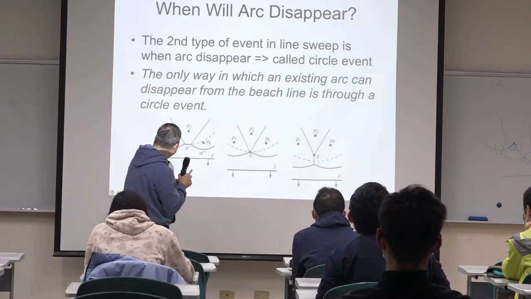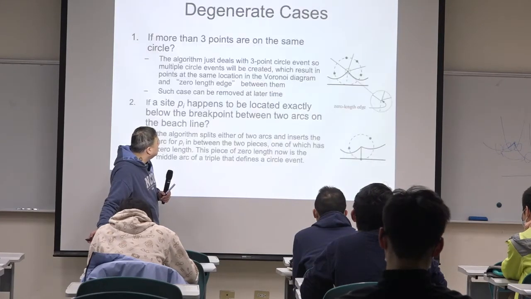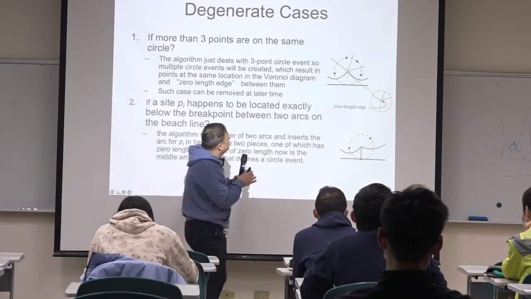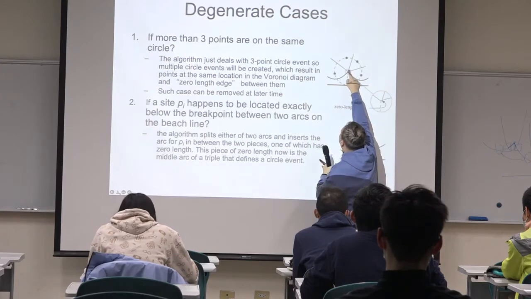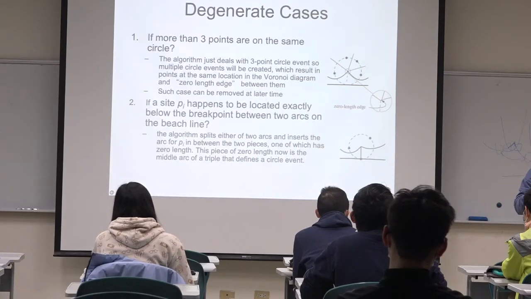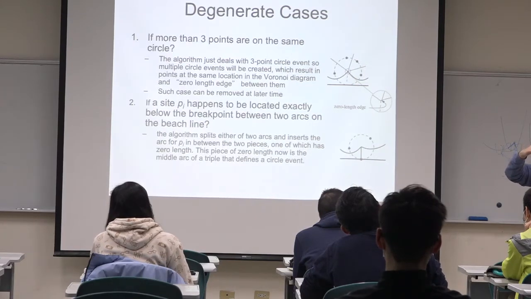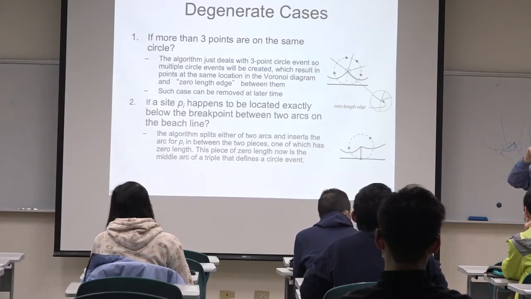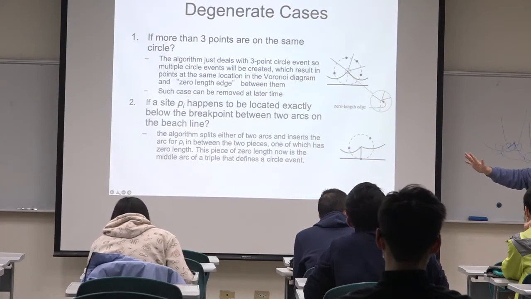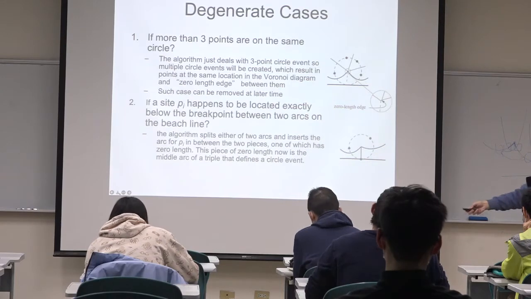So the induced lines are these straight lines, not a parabola. Don't be fooled by a parabola, because eventually the lines that you induce for the Voronoi diagram are all straight lines, at least for those point sites. The induced lines are all straight lines.